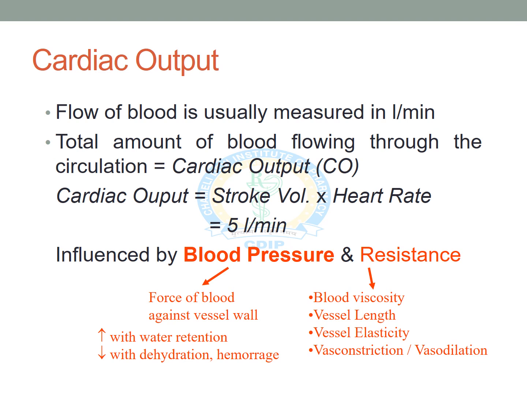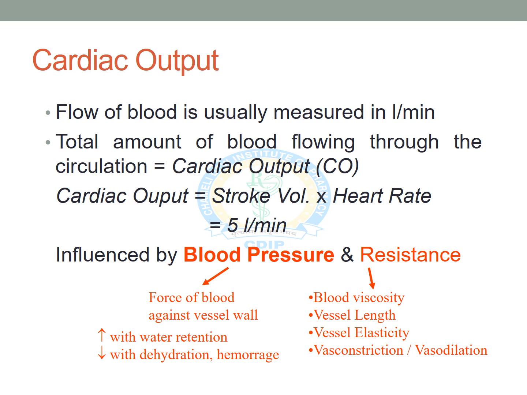Blood pressure is basically the force of blood against the vessel walls, and it increases with water retention and decreases with dehydration and hemorrhage. Peripheral resistance depends upon blood viscosity. If the blood is more viscous, there is less turbulence because the blood flows in a slow manner.